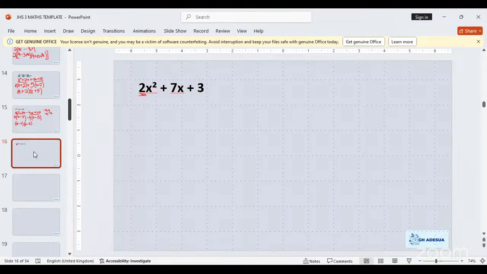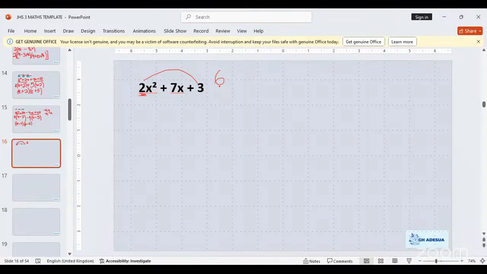Now, whenever there's a coefficient, you would look for two numbers, but the conditions will vary. So your first step will be to multiply the 2 by the 3, which is 6. Now you want two numbers which when added give us 7, and when multiplied will give us 6.